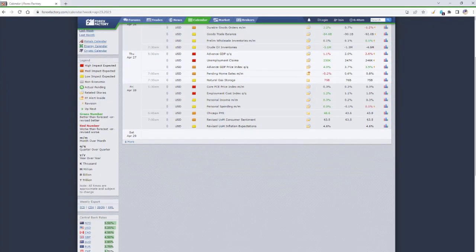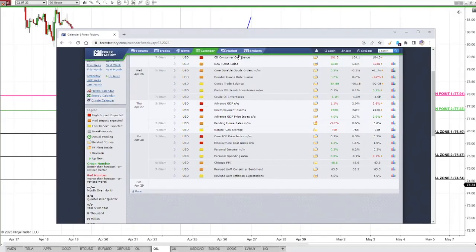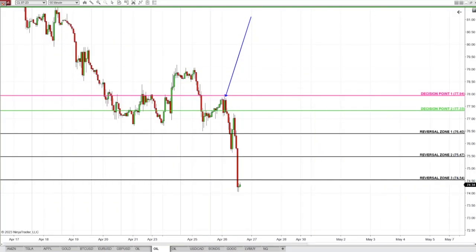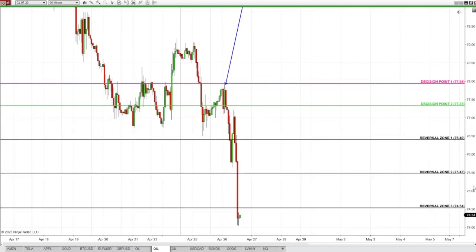Oil inventory extremely negative, minus 5.1. Undersupply is bullish news. But we were discussing with students absolutely no longs on oil, and you know this well before the news. Oil collapsed from 78 until 74, despite the most bullish news.